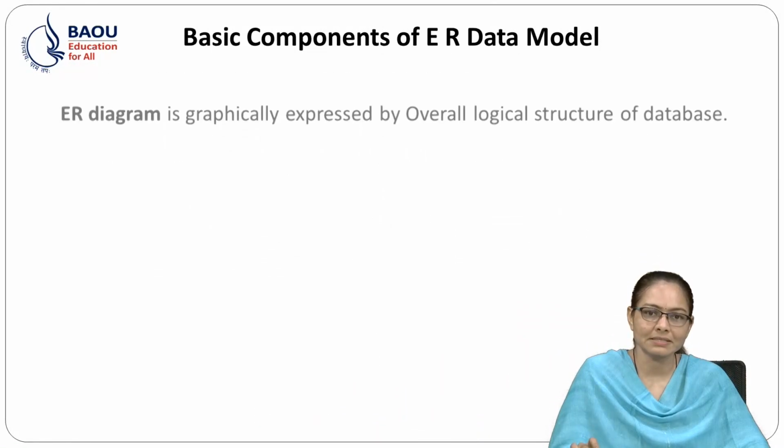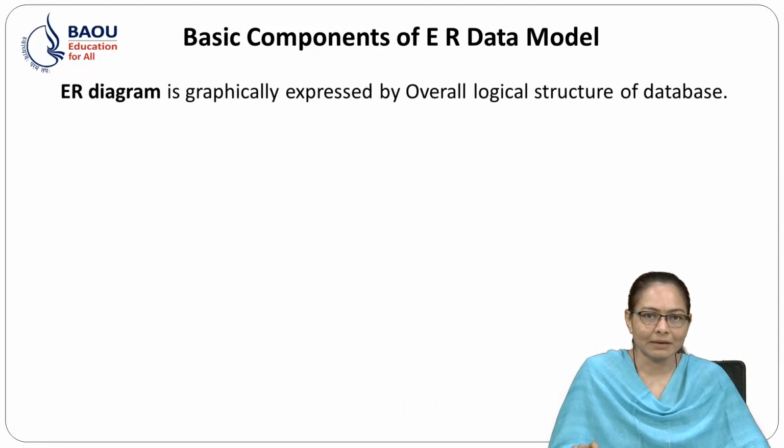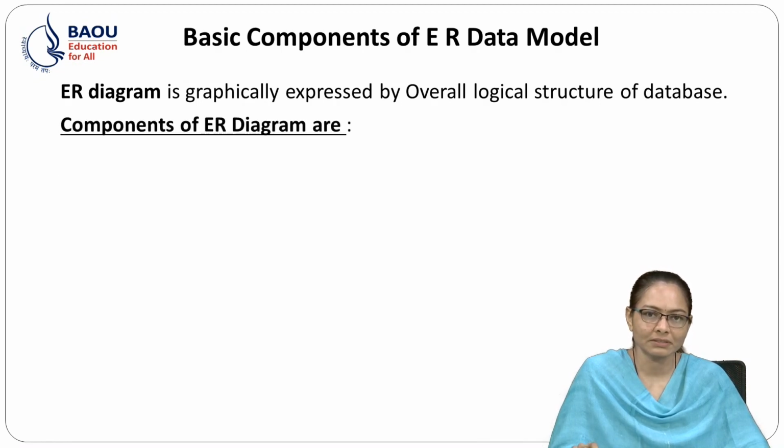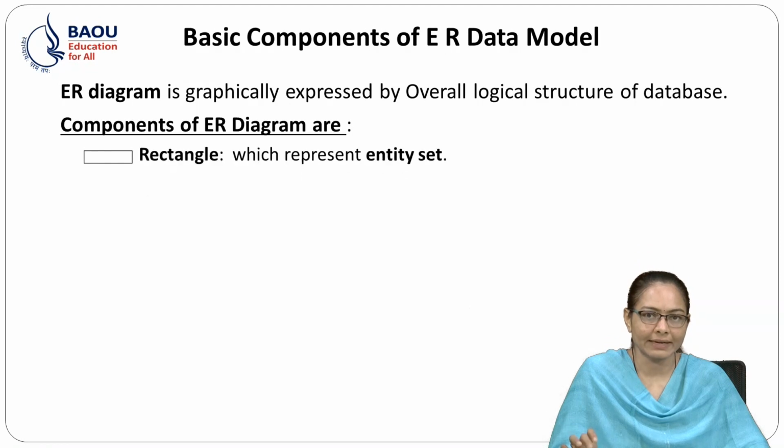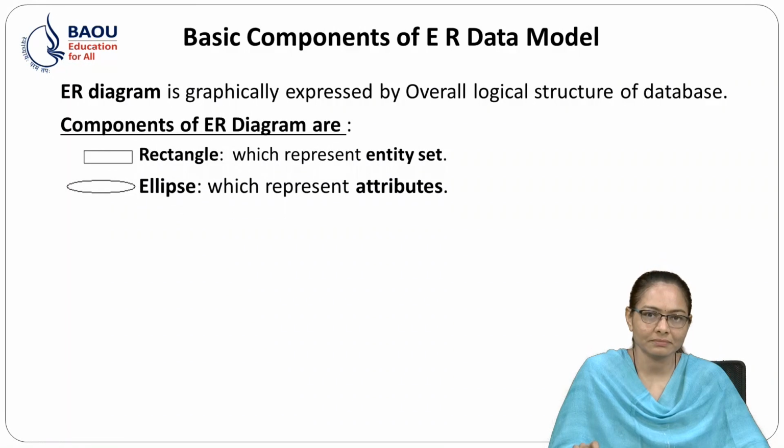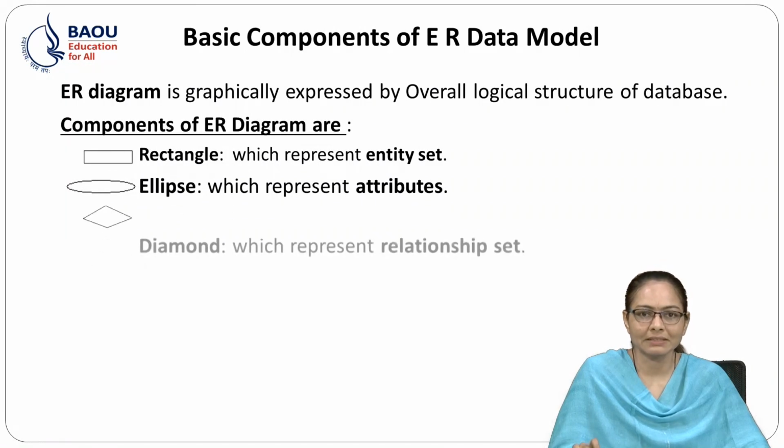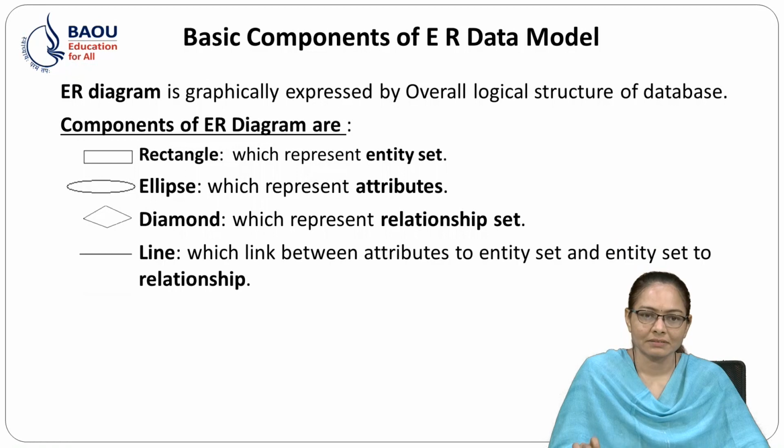Now next, the ER diagram graphically expresses the overall logical structure of the database. The components of the ER diagram are: first, the rectangle, which represents the entity set. The oval, or ellipse, represents the attributes. The diamond represents the relationship set. A line represents the link between entity set and relationship set.